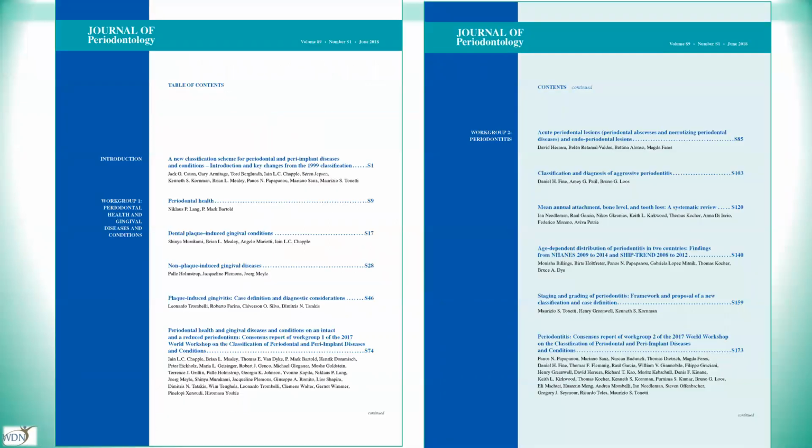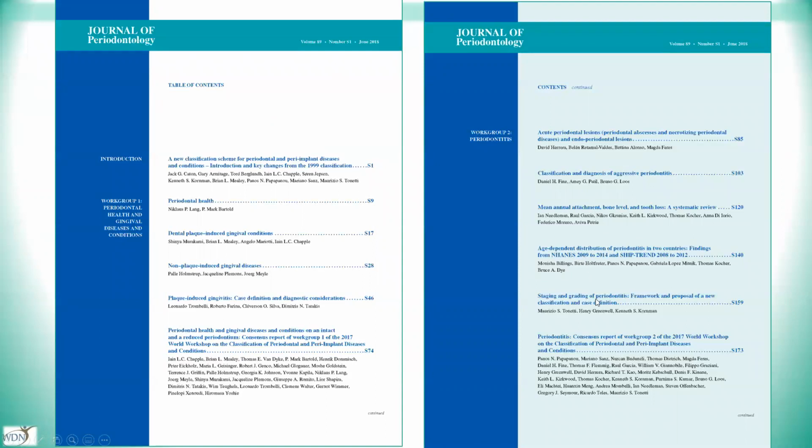Now, I'll tell you, when I look at the table of contents, this workshop was broken into 4 work groups. The first work group looked at periodontal health and gingival diseases and conditions. The second work group looked at periodontitis, and they wrote all these different articles.